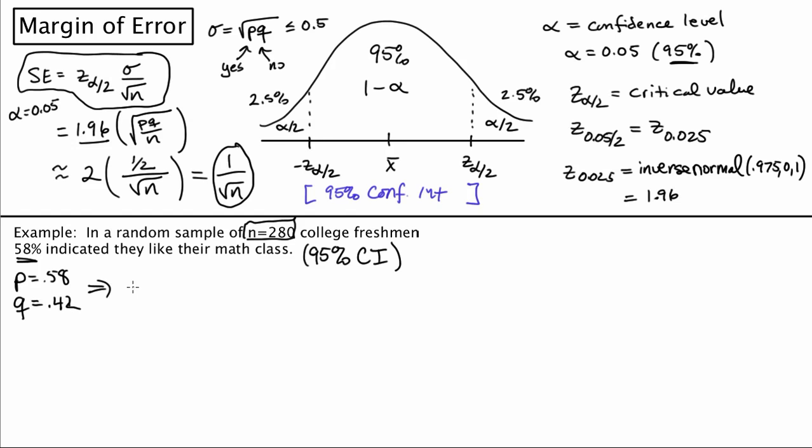I can use these to estimate the standard deviation of the population, 0.58 times 0.42. And it turns out that total is 0.494.